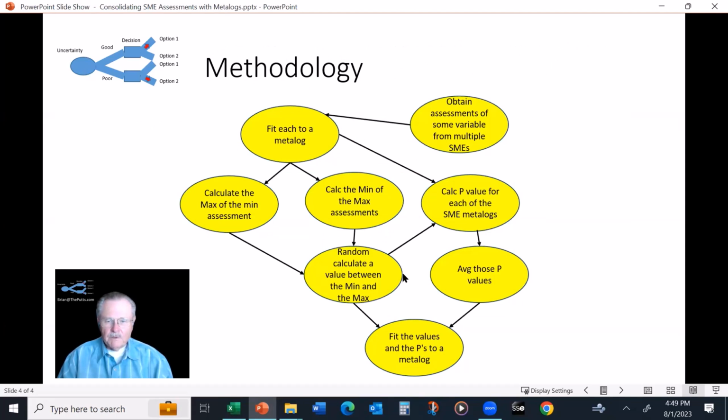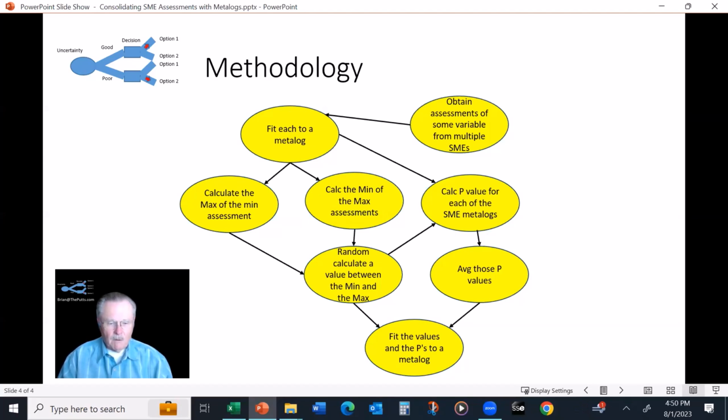Once you have those values, you can calculate a P for each of the metalogs using this random variable that goes between the min and max, and then average those P's. And that'll fit the values and the P's to a metalog using that same generalized metalog model.